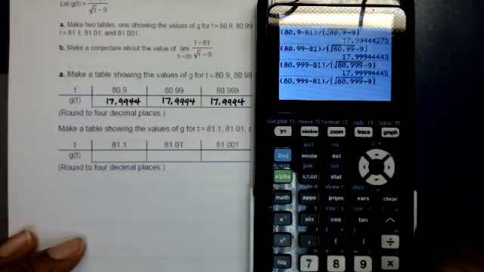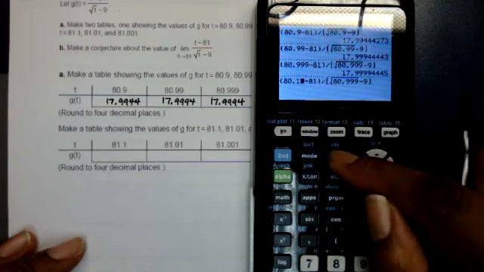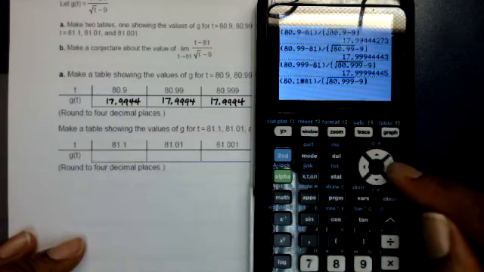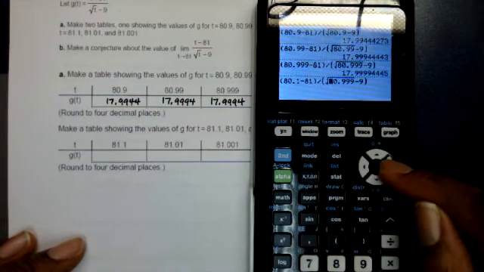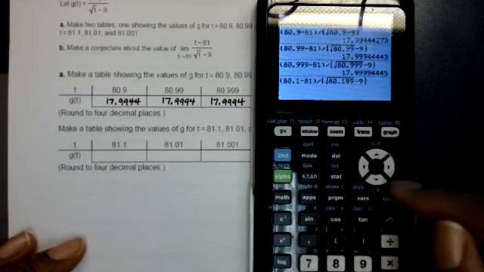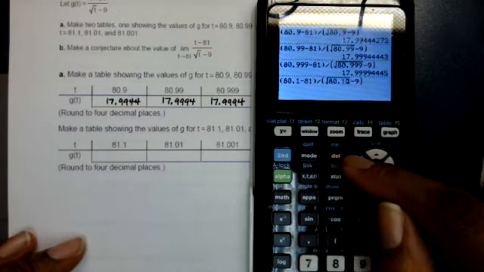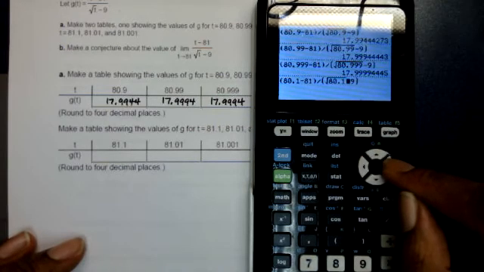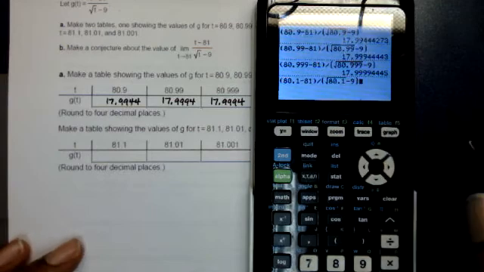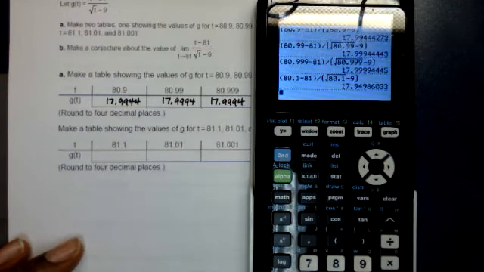Let's change that first 9 to a 1 and then delete the other 9s. And do the same thing here. Change this to a 1 and delete those other 9s. So this is what your screen should look like. And then hit enter.